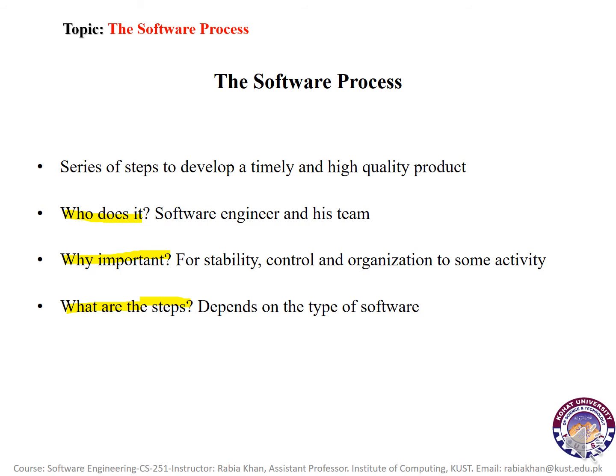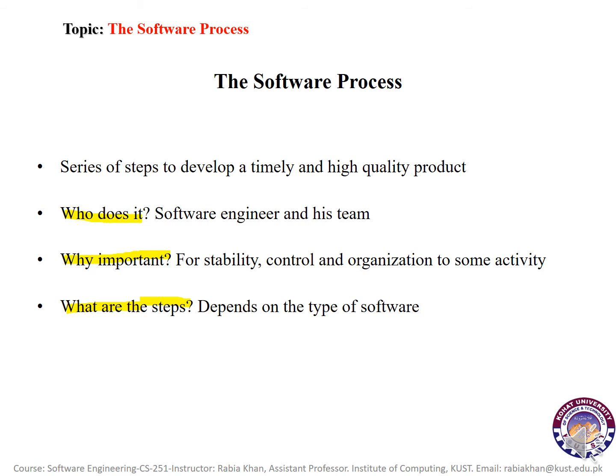For example, you may need to follow different steps to develop software for an aircraft and a totally different series of steps for the creation of a website. So the steps within the software process mainly depend on the nature of the project. Whatever the project is, the process is adopted accordingly.